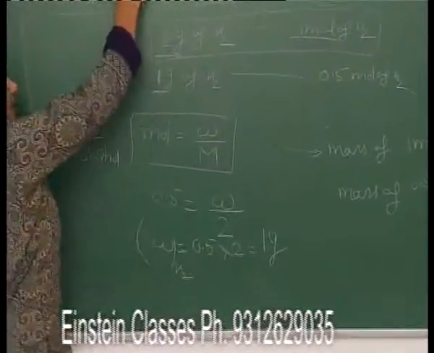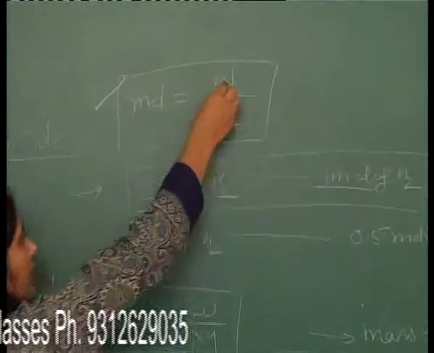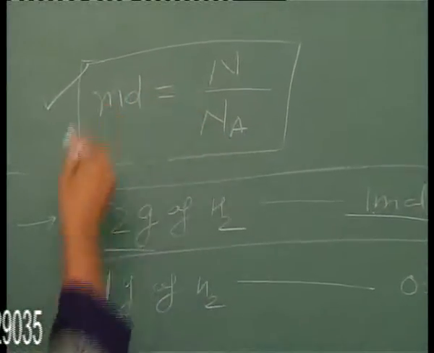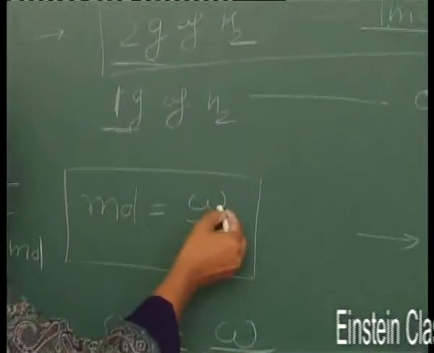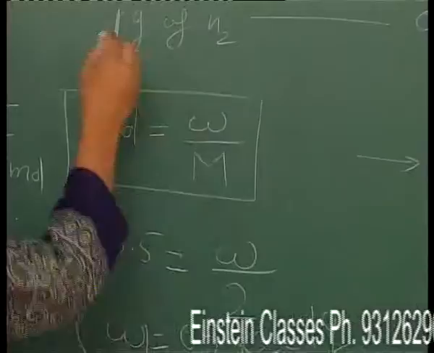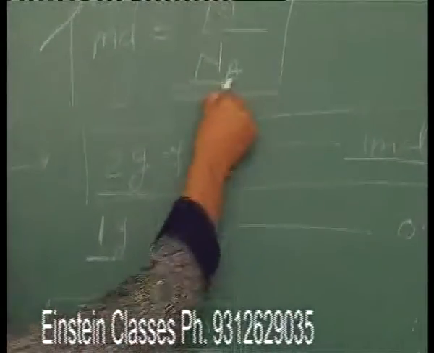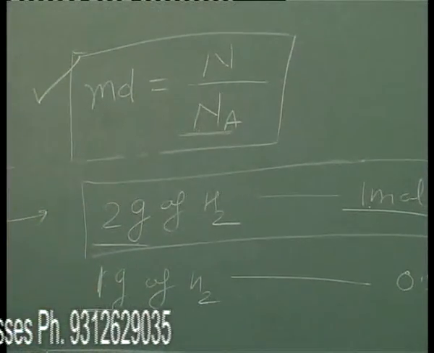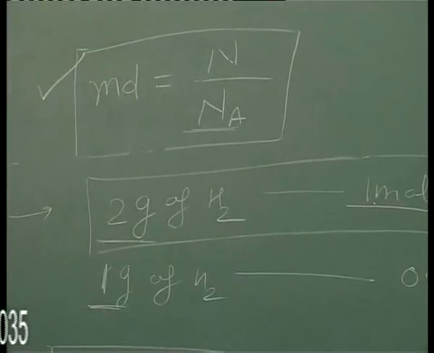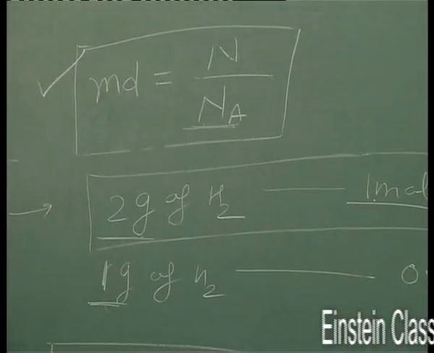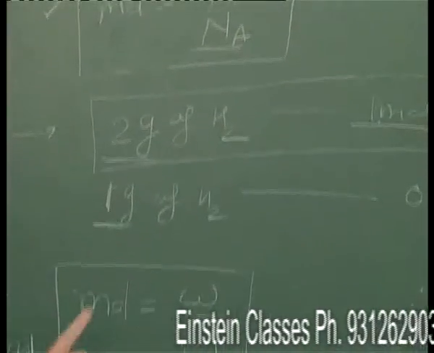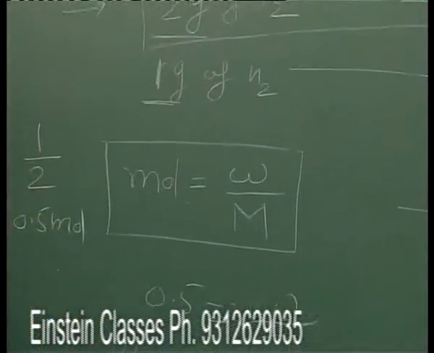So we can relate mole to the given number of atoms upon Avogadro number. We can relate mole to the given mass by molar mass. Here Avogadro number is the same for every substance, whether atoms, molecules or ions, but molar mass is not the same for every substance. It is the mass of 1 mole of a substance.